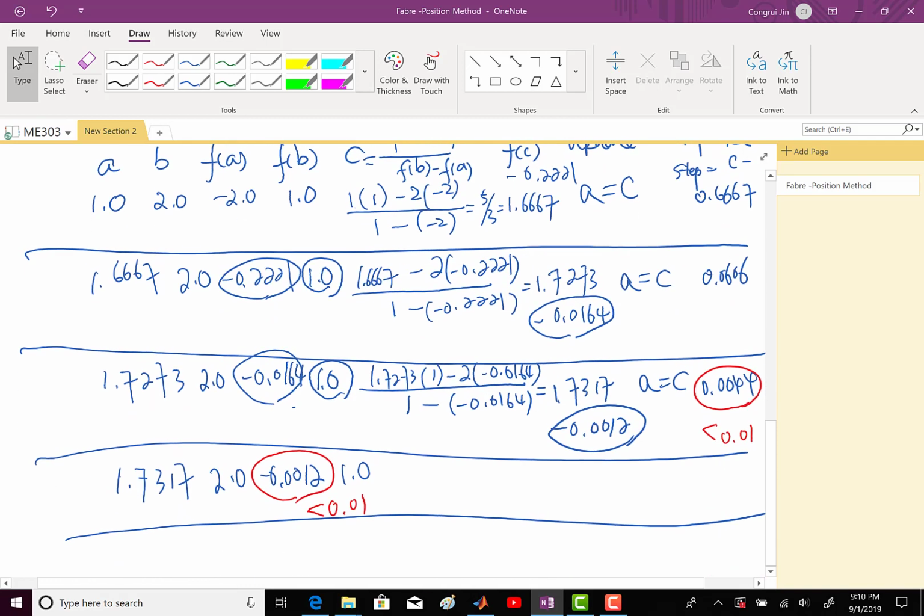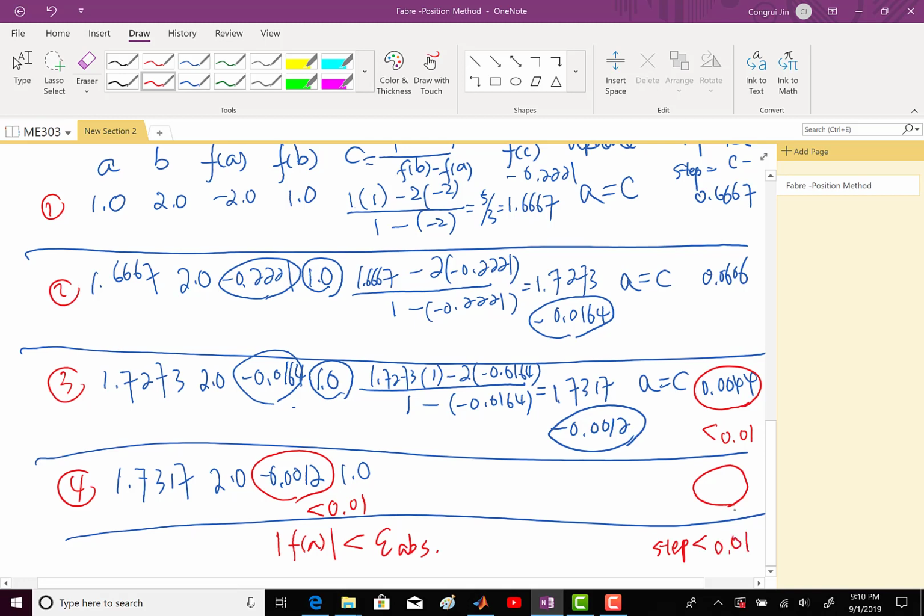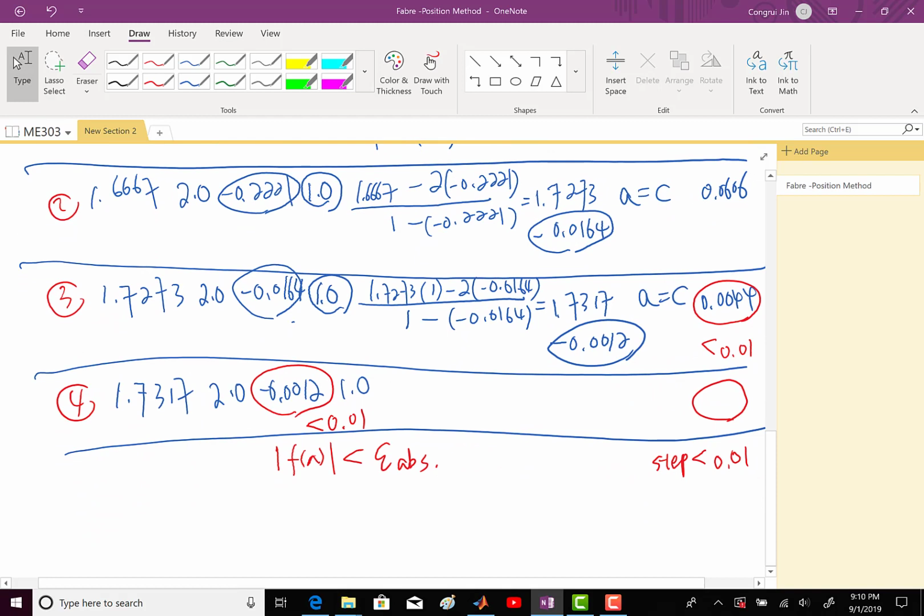So 1, 2, 3, 4, when we reach the fourth iteration, we have the absolute value of FA less than epsilon ABS. And also this step, although we didn't calculate it, we know that this should be smaller after each iteration. So it's definitely less than 0.01, because in the third iteration, the step is already less than this value, right? So which means in the fourth iteration, we got the root.